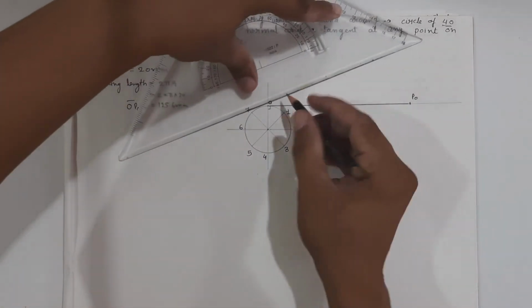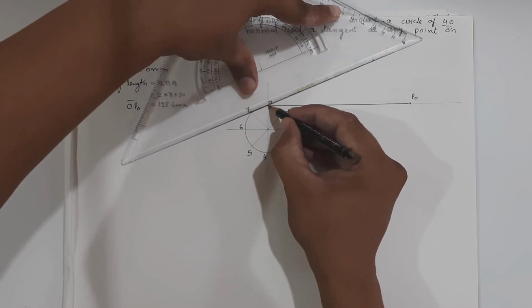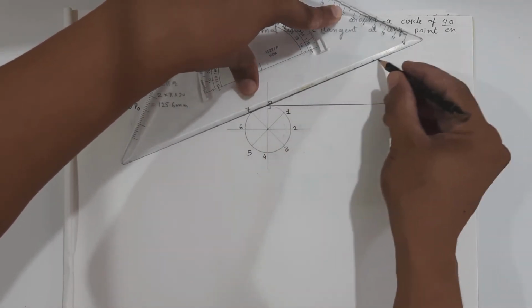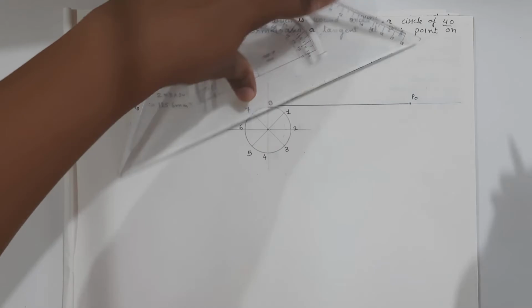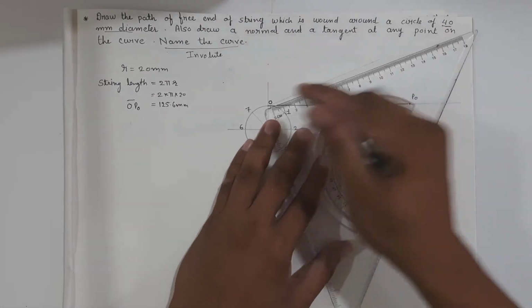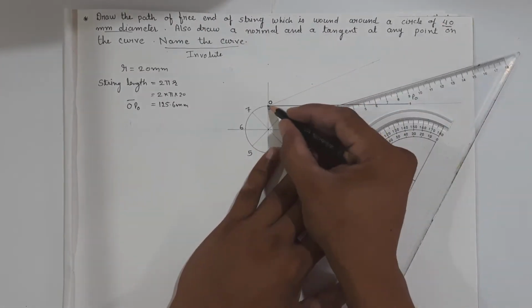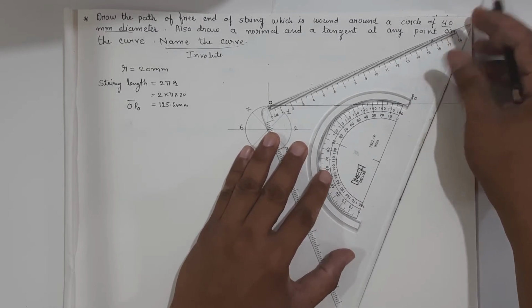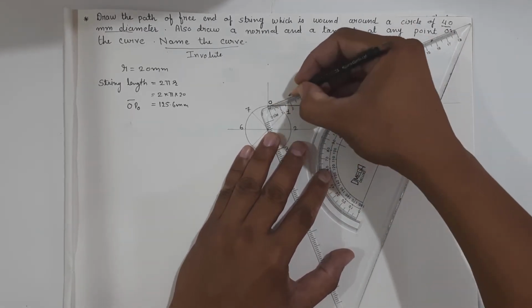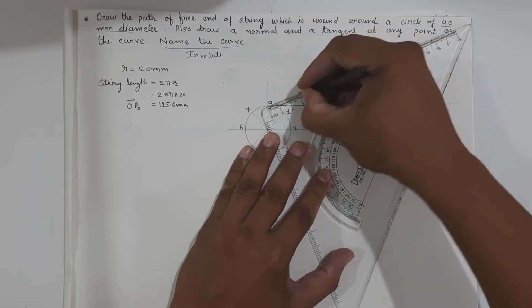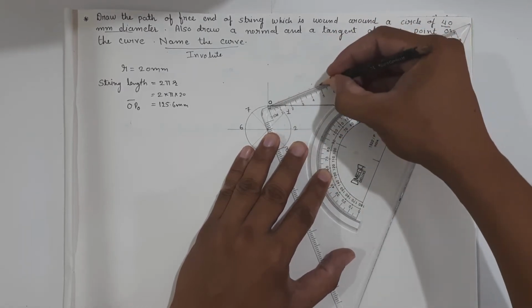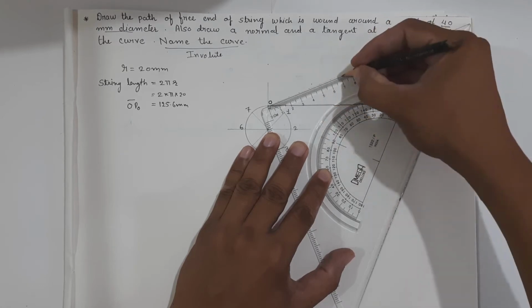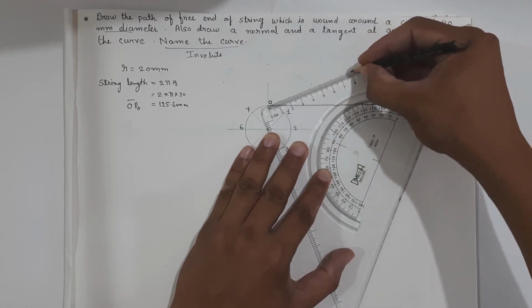If we want to divide this line into 8 equal parts, we will use the inclined line method to divide a line into 8 divisions. So first of all draw an inclined line from point 0. Mark 8 points on this line, that is 1, 2, 3, 4, 5, 6, 7, 8.